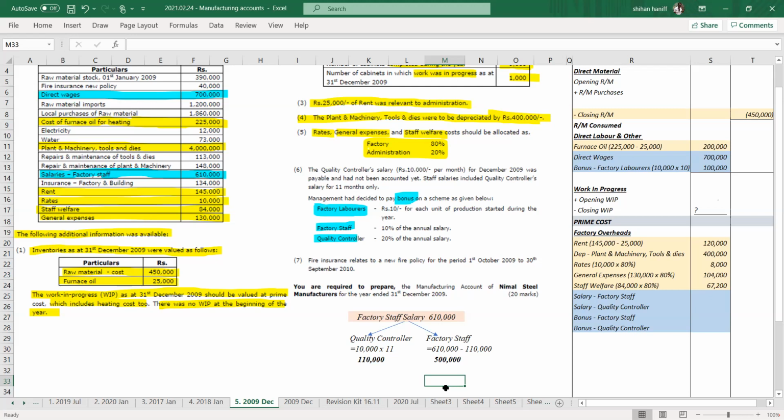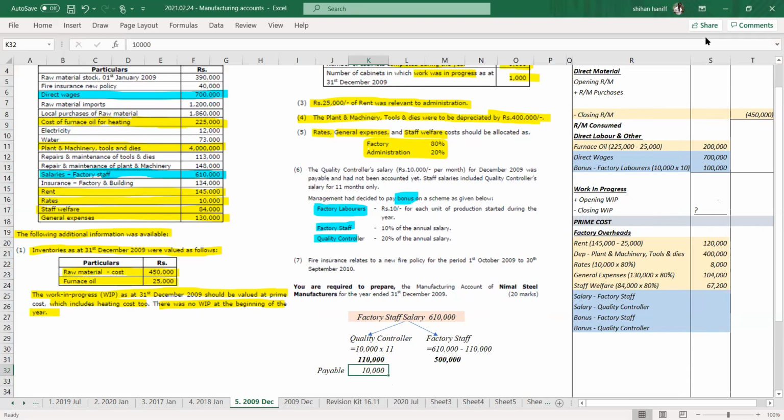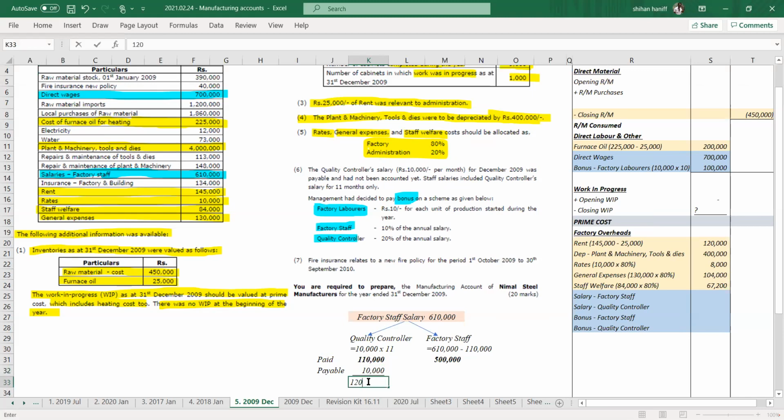So only 11-month salary was paid to the quality controller. We need to pay another 10,000. So payable 10,000 to the quality controller. Right? So this is 110,000 paid. 10,000 is payable. So the total salary of the quality controller is 120,000.